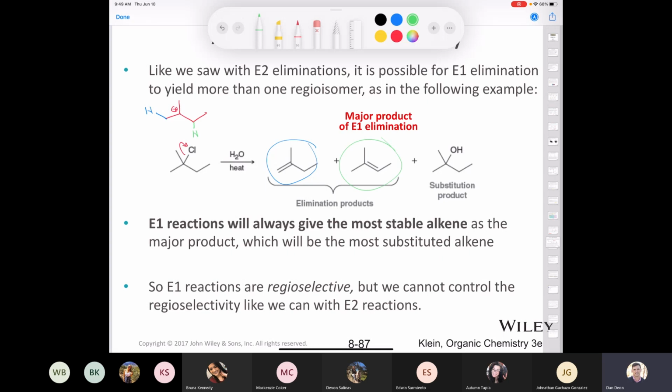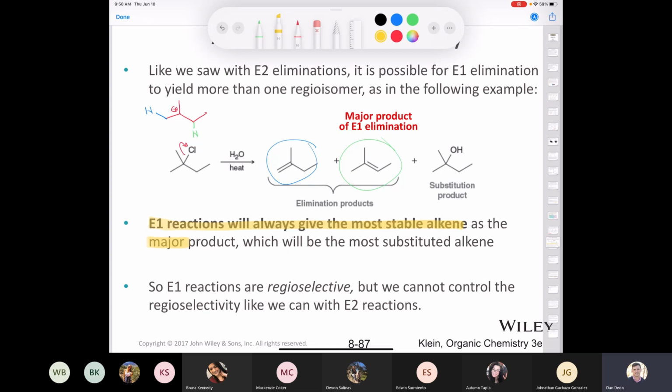Well, what you would get is a mixture, but the golden rule with E1 reactions is that you always give the most stable alkene as the major product. Okay, 100% of the time. We saw that with E2, it didn't work that way. It depended on the base, and in some cases on the substrate when we looked at cyclohexanes.